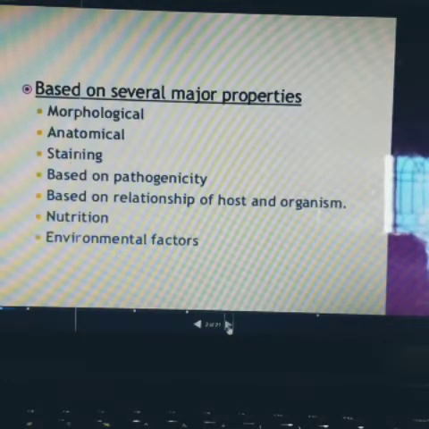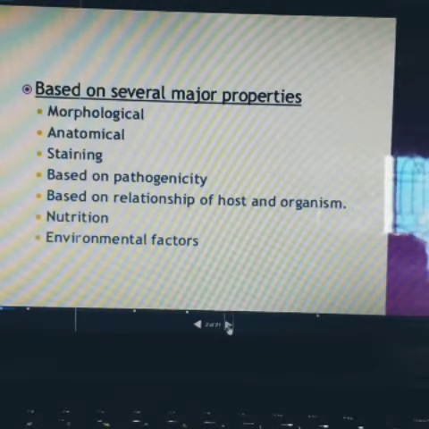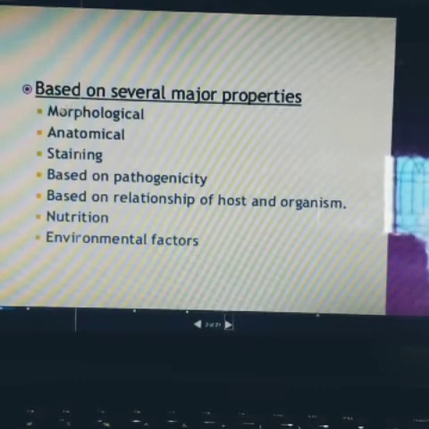We are showing this on the screen. First, my dear students, bacteria are classified using several major properties: the morphological factor, the anatomical factor, the staining factor, the pathogenic factor, the relationship of the host and the organism, and nutrition and environmental factors.